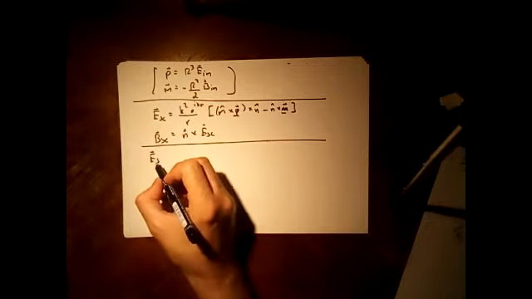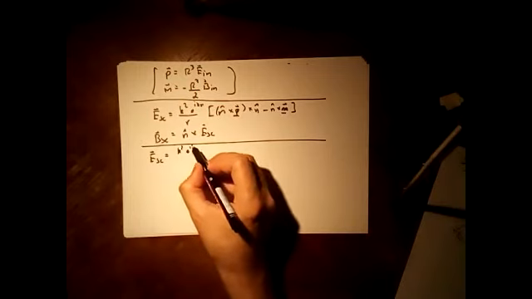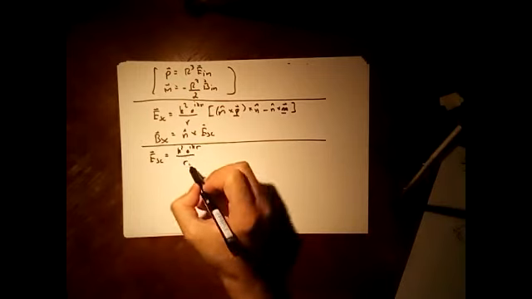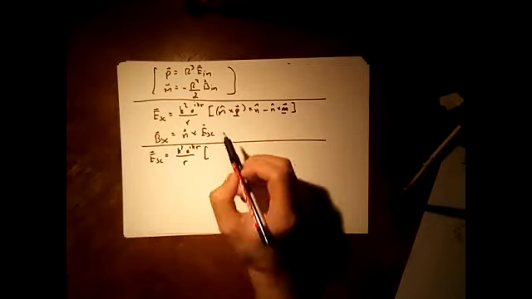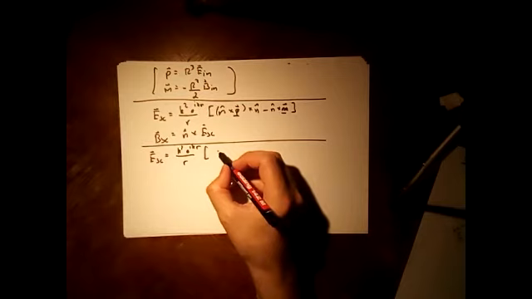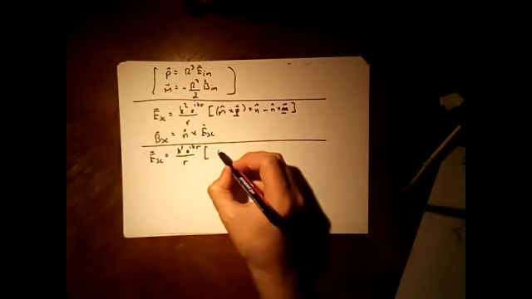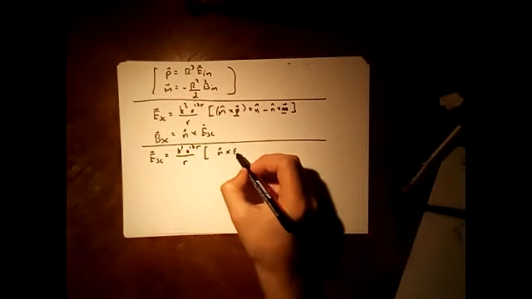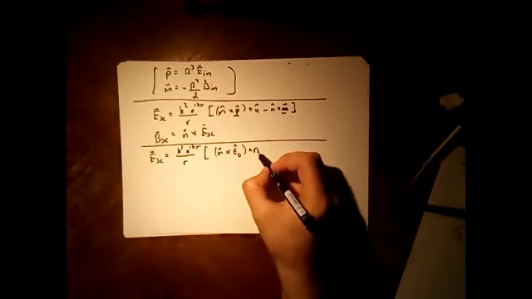So we're going to have that the scattered wave is k squared e to the ikr divided by r. And here I'm going to write n cross epsilon 0. That's the polarization of the incident wave.